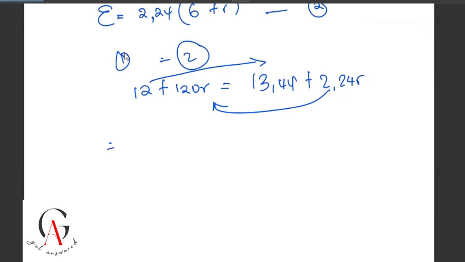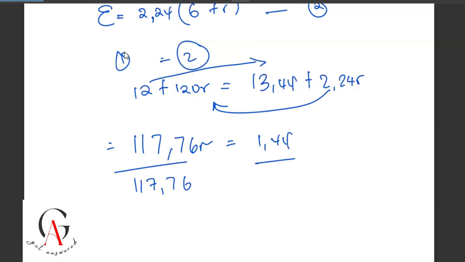So 120 minus 2.24 gives me 117.76r, and then 13.44 minus 12, I get 1.44. Divide by 117.76, 117.76. That cancels. I'm getting 0.012 ohms.